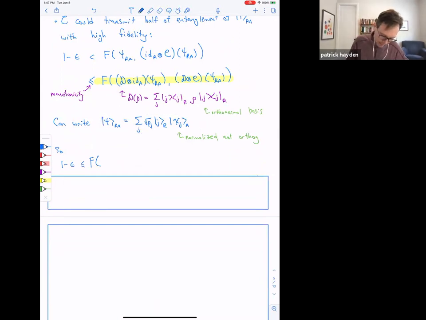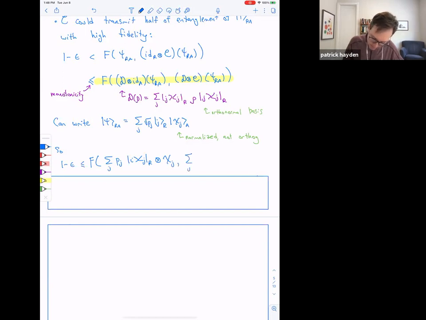And so what it looks like is a sum over J, probability p_J, and the system R is going to be just in one of the different orthogonal pure states labeled by J. Not in a superposition, just a probabilistic mixture. And the A system is going to be in the corresponding density operator, like that.